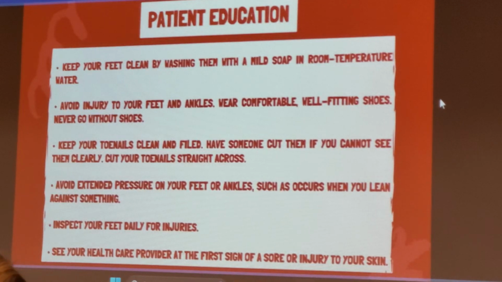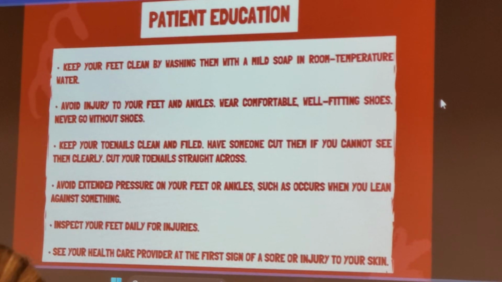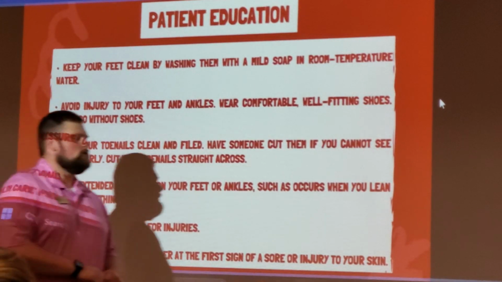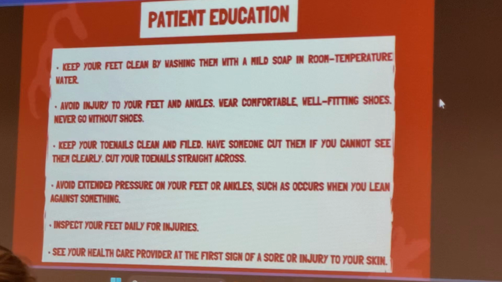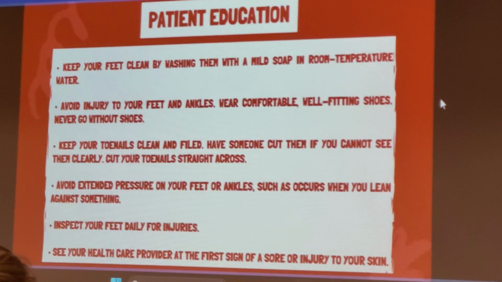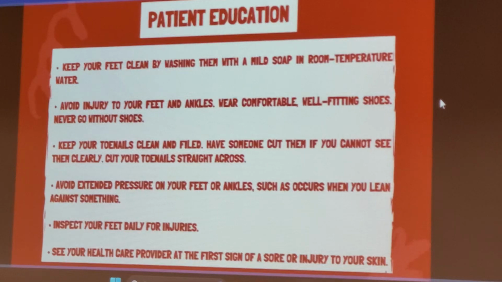So what do we need to teach our patients? Make a picture, let's see. So if our patients have peripheral arterial disease, we're gonna think about the A in arterial, okay? So they need to dangle their feet.